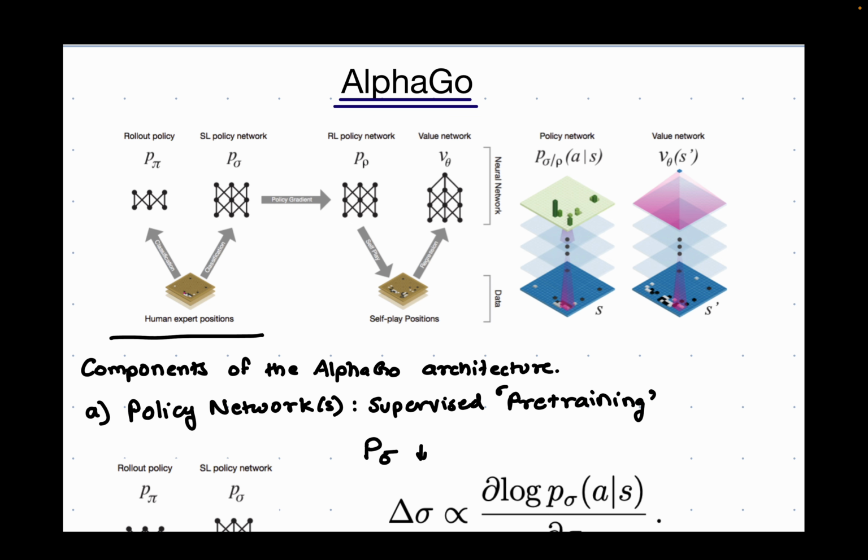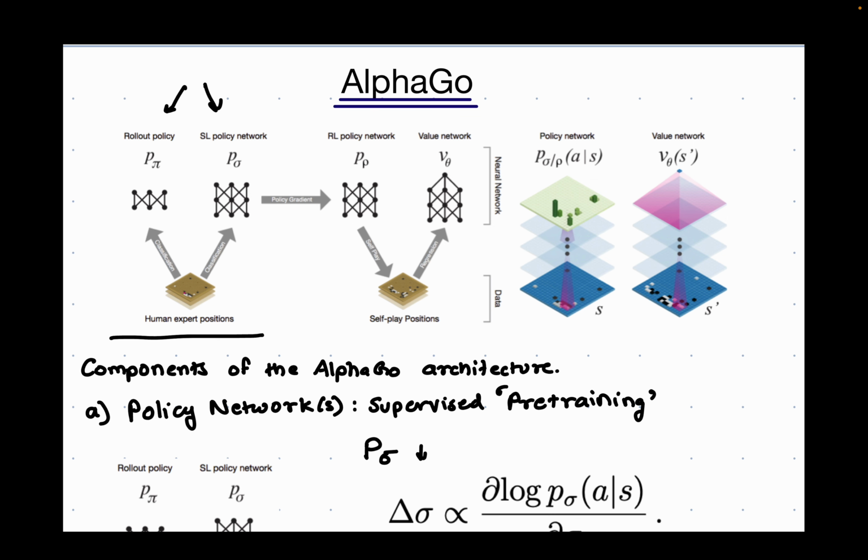So you have two policies. One of them is called the rollout policy, and the other one is the supervised learned policy network. Now the rollout policy is a fast policy that is used for a particular form of search online, which we will look at, and the SL policy is the more important one.